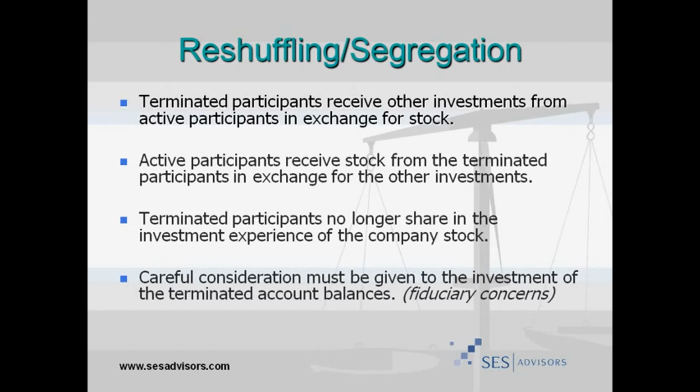Well, you have some fiduciary duties here. You can't just put those balances in a money market account and not look back. You have a fiduciary duty to invest those investments prudently. You are given an opportunity as a fiduciary to consider the time frame of the investment. So these are terminated participant accounts. They may be fairly short-term in nature. So you can consider that in your evaluation of appropriate investment.